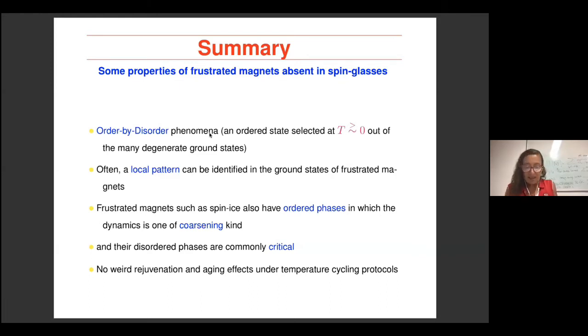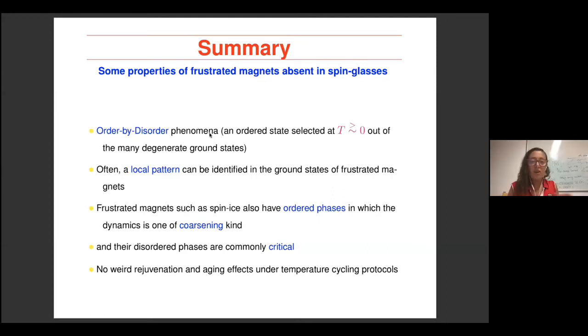Then often in frustrated magnets, you can identify a local pattern that repeats. For example, in the triangular antiferromagnet, you have one link in each plaquette which is broken. Again, there's nothing like this that you can easily identify in problems with quench randomness.